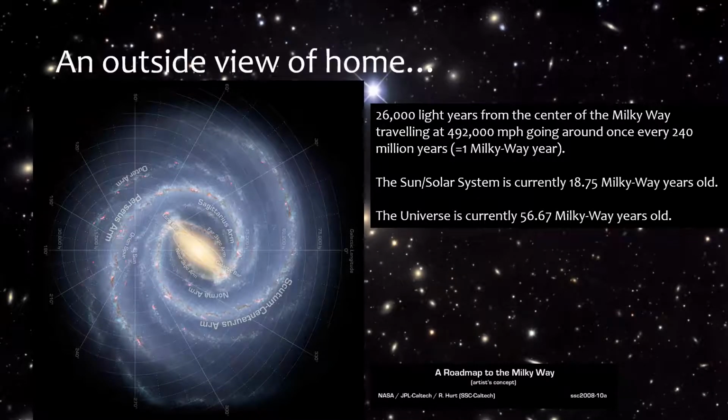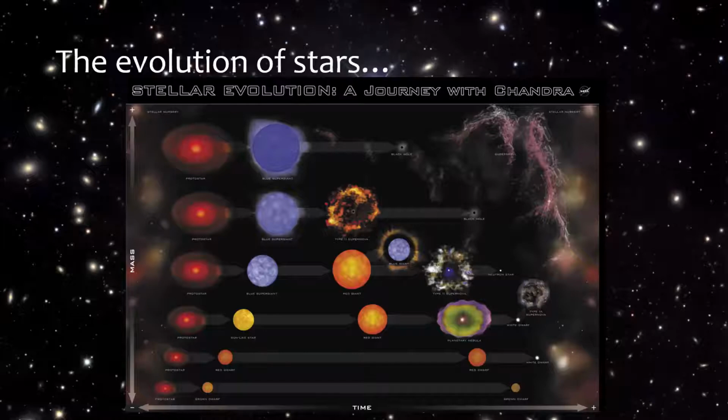All right. The second thing I want to tell you as our first big story begins to unfold is about the evolution of stars. This is a nice storyboard of how different stars evolve over time. Stars all begin their lives by fusing hydrogen, the lightest element, into helium, the next lightest element, releasing energy in that process and supporting themselves against the pull of gravity.